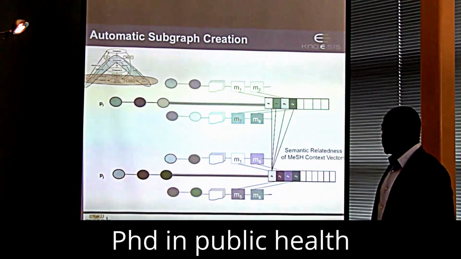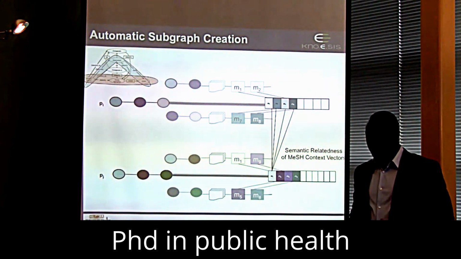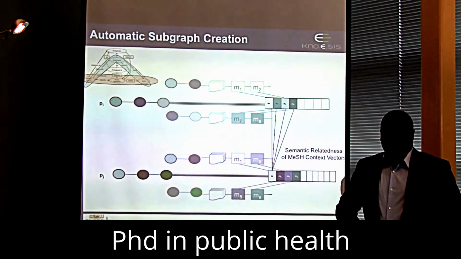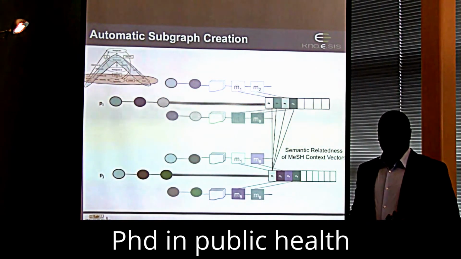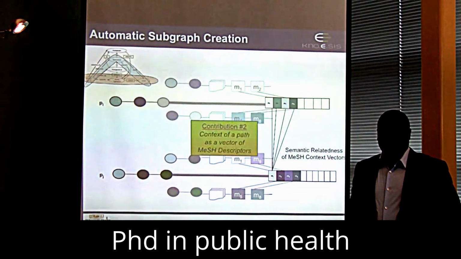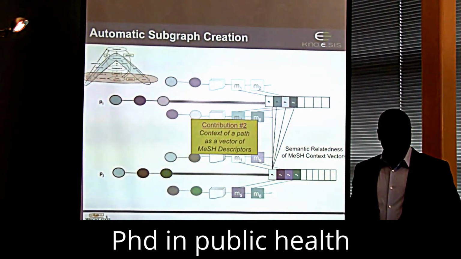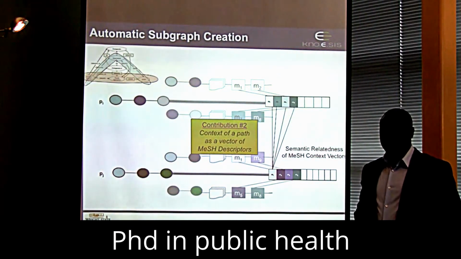Well, if we do this, this is a much more familiar representation of our problem. We can then apply the vector space model and all sorts of things around this that we're aware of. The specifics of how to do this is what I'll talk about at the core of this dissertation research. I wanted to point out that this is the second contribution of this research. It is this representation of the context of a path as this vector of MeSH descriptors.